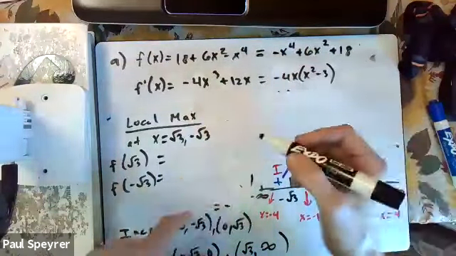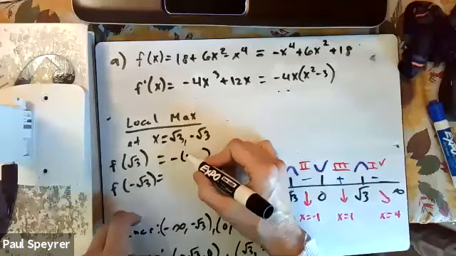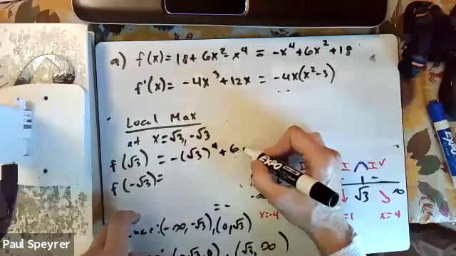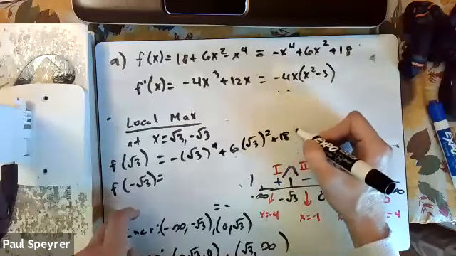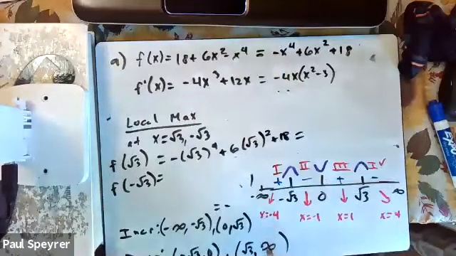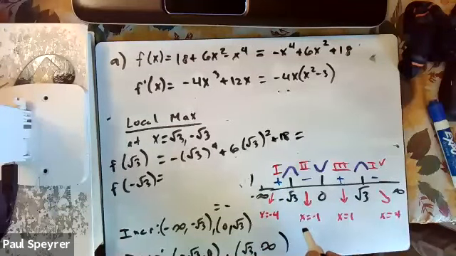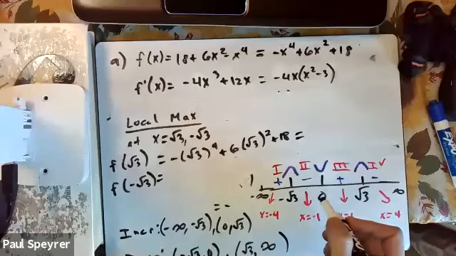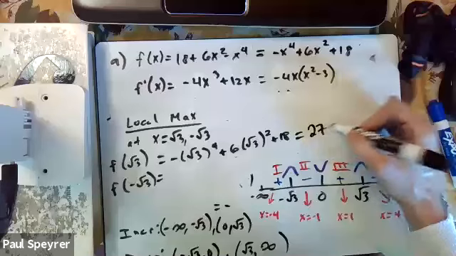This says negative x to the fourth, so this is negative root 3 to the fourth plus 6 times root 3 squared plus 18. When you substitute all that in, what are you going to come up with? You come up with 27.